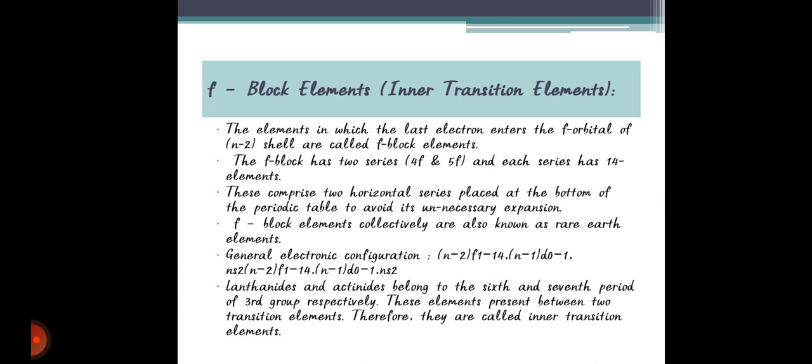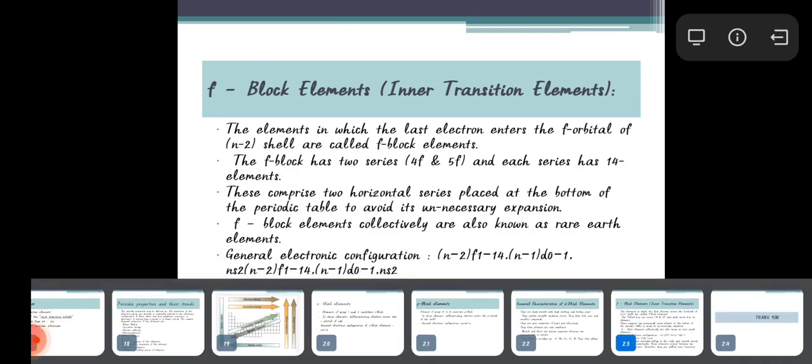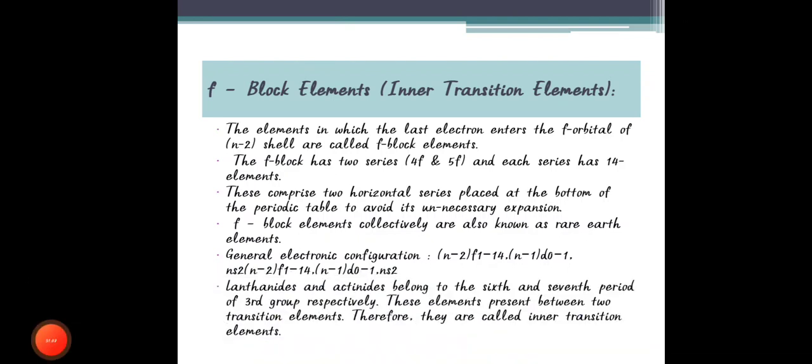The electronic configuration is (n-2)f1 to 14. Lanthanides and actinides belong to the 6th and 7th period of the 3rd group respectively. These elements are present between two transition elements, therefore they are called inner transition elements.